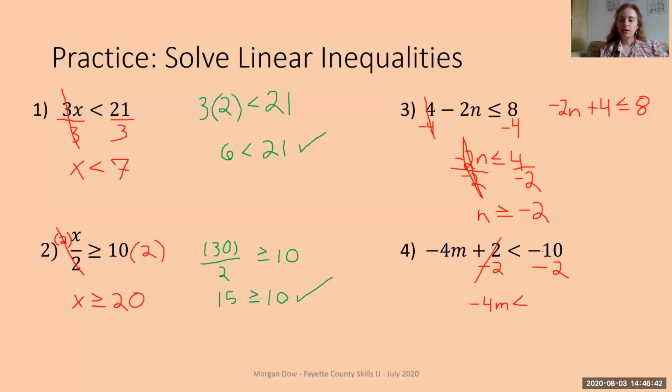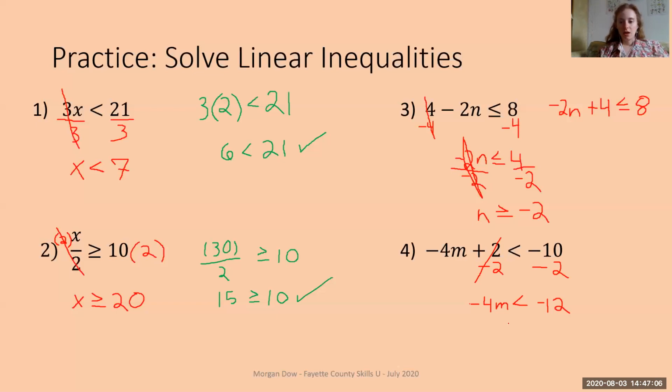And then -10 minus 2 is -12. Right? If you start your day off with -$10 in your bank account, so you're in debt, and then you spend $2 more, you're going to be more in debt. Now you're going to be $12 in debt instead of $10 in debt.